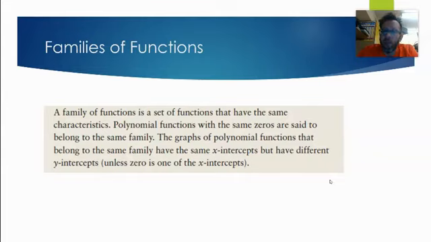What we noticed from our little investigation is that the graphs of polynomial functions that belong to the same family have the same x-intercepts, but of course, because they are stretched or compressed or reflected, they have different y-intercepts, right? All their y values are different. Of course, if one of the x-intercepts is 0, that point is invariant under a transformation, so the y-intercept would stay at (0, 0).